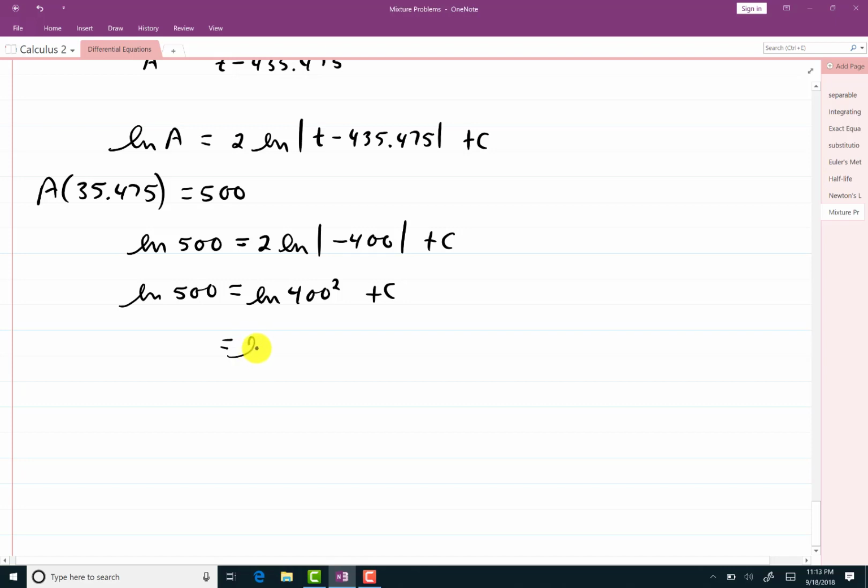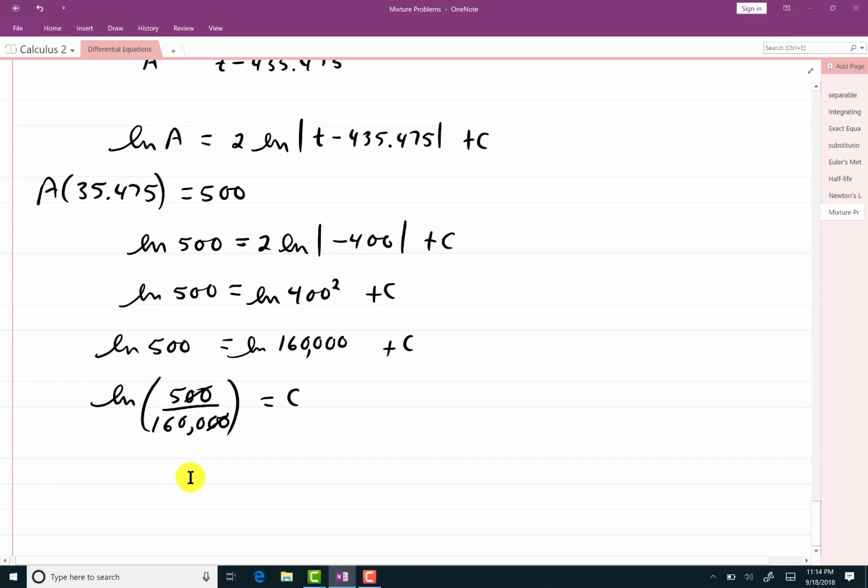That'll be ln of 160,000 plus C. ln 500. I'll subtract ln 160,000 from both sides, and I'll end up with ln of 500 divided by 160,000 equals C. I'll take out 2 zeros, and I'll have 5 over 1,600, and I know that can be simplified even more.